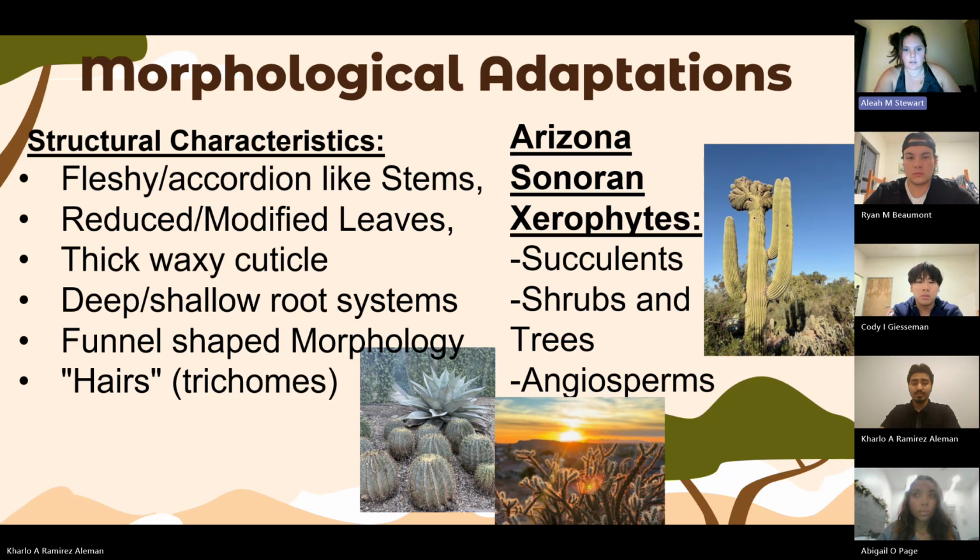As you can notice in the picture below, the water will travel through the leaves down to the main taproot. Another trait is hair-like features, which are biologically called trichomes. You can see here at the bottom the hairs on the outside of this cactus that are reflecting the heat of the sun.